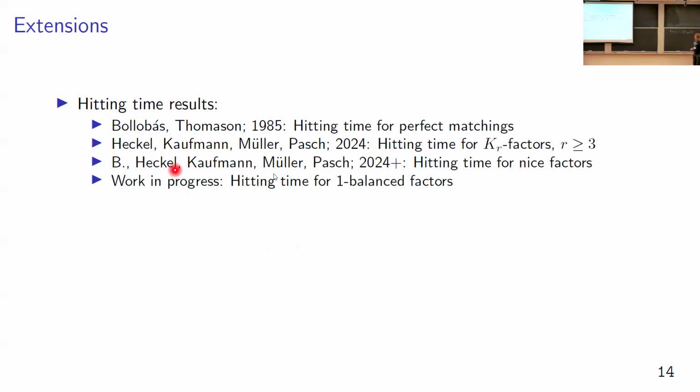This then could be extended. So for this class of nice graphs that Riordan considered, we managed to show that the hitting times there agree as well. And we're currently working on the hitting time result for one balanced factors, though once again, it turns out that the sparse clean F cycles are an obstacle there.